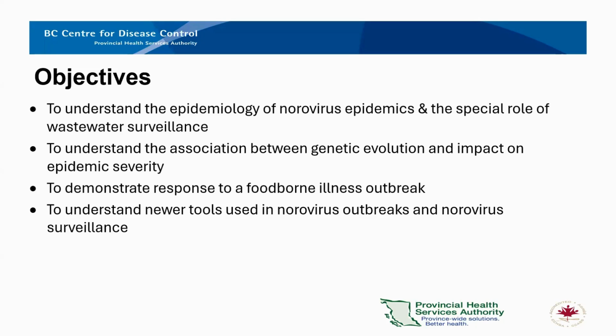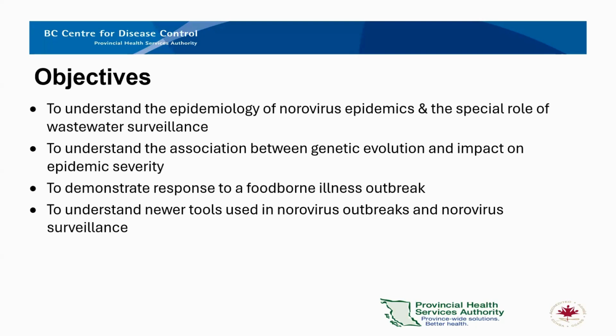So how can wastewater fill in some of those surveillance gaps? We'll go over some of that. We'll talk a little bit about how the bug has evolved over the last couple of decades and what impact it has had on the severity of the epidemic that we see from year to year.